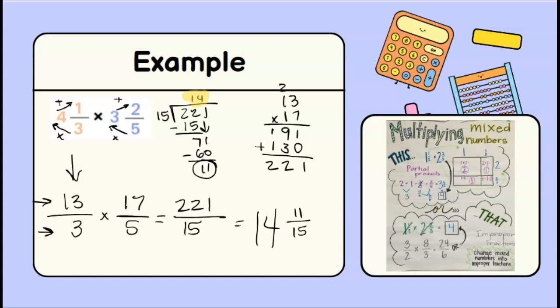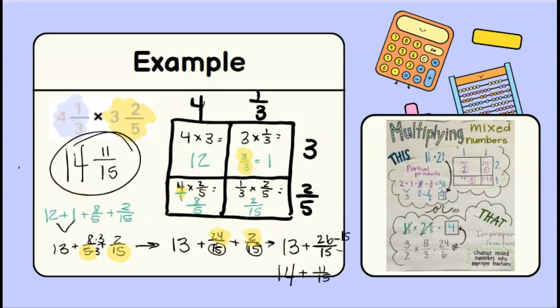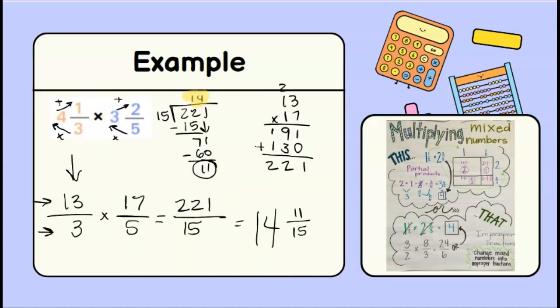If you look here, we got 14 and 11 over 15, and we actually got the same answer here. So either way, we should be able to arrive at the same product.